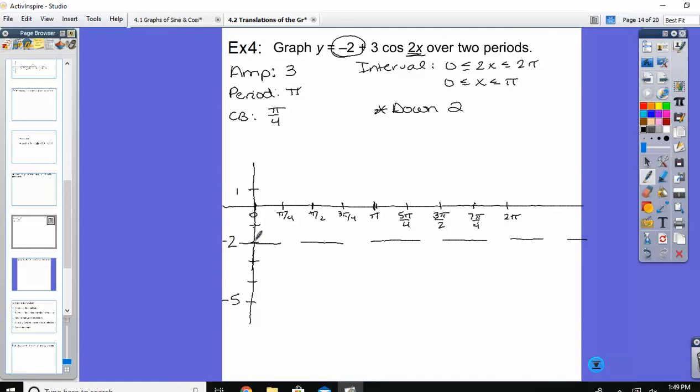We're graphing cosine, which starts at its amplitude. We didn't flip, so if we're centered at -2, amplitude of 3, that means I would start at 1. Pi over 4 would be back to 0. Pi over 2, we would be at -5.